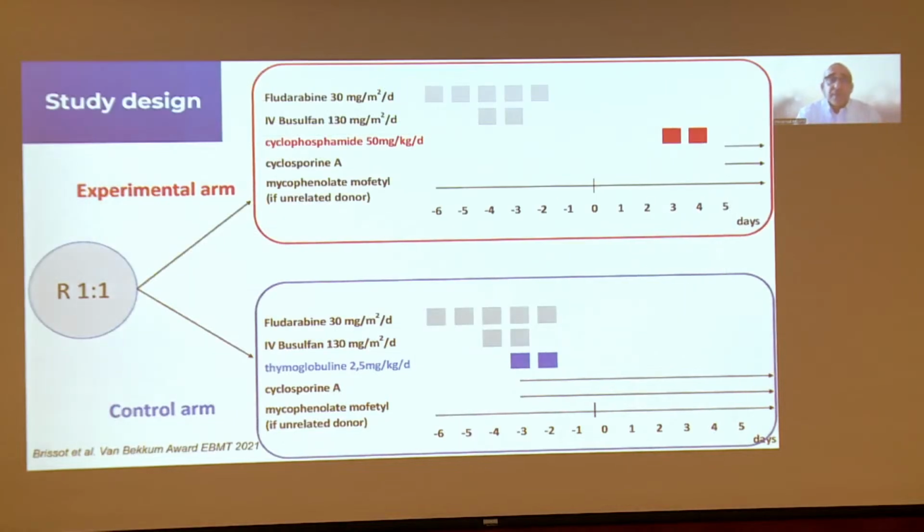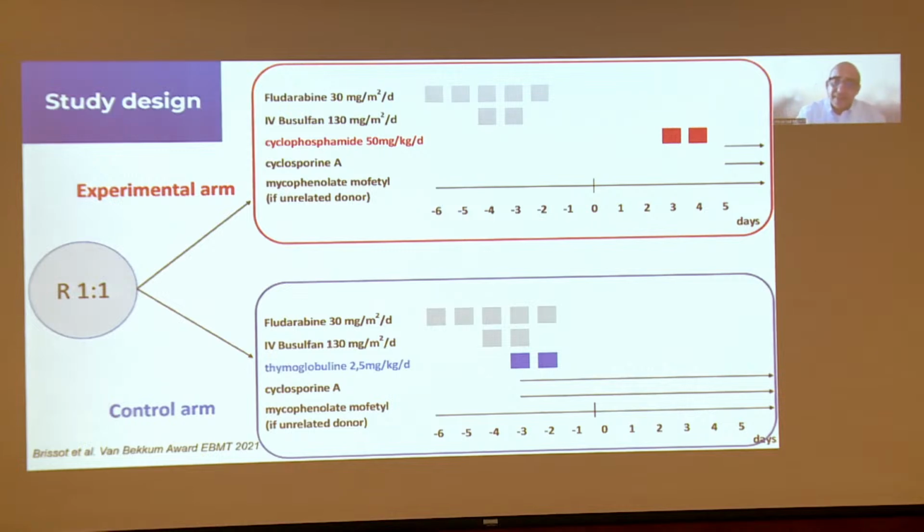We have performed a randomized trial in the reduced intensity conditioning setting using standard, approved-in-Europe conditioning: fludarabine, IV busulfan, ATG thymoglobulin with cyclosporin and MMF, versus fludarabine, IV busulfan and post-Cy plus cyclosporin and MMF. And this was in the matched sibling donor and then a fully matched unrelated donor.